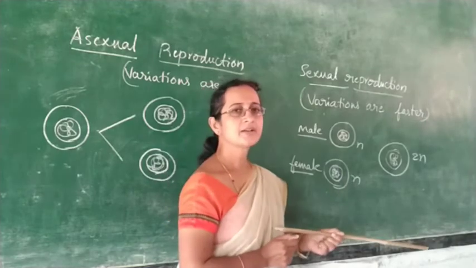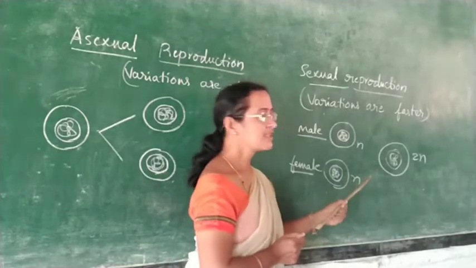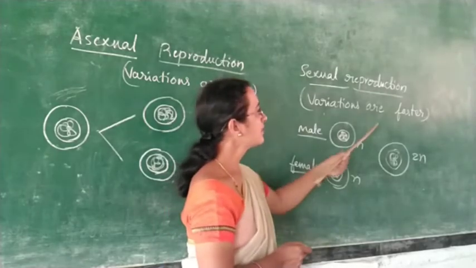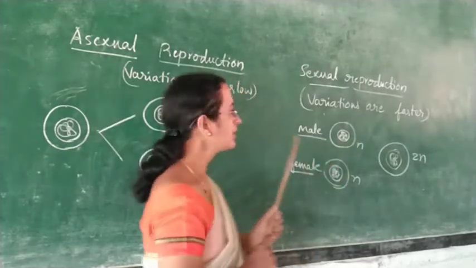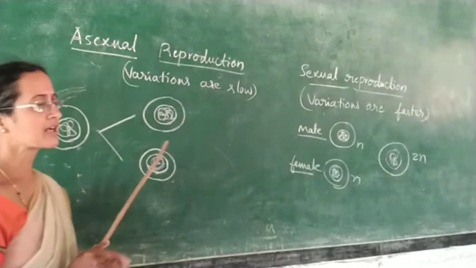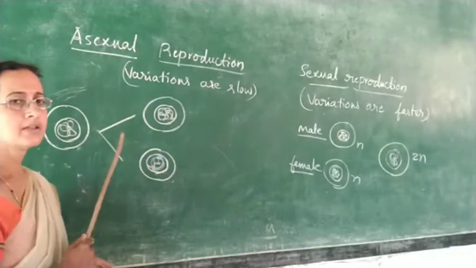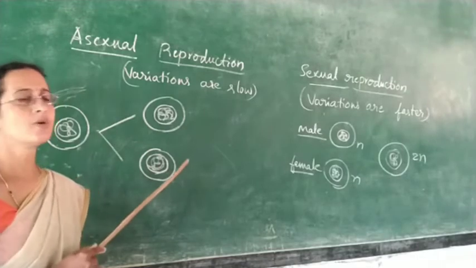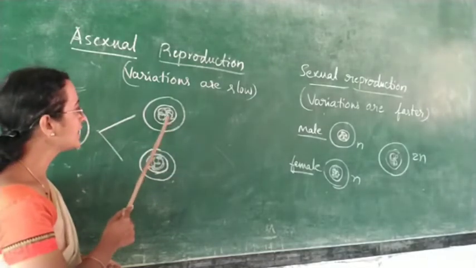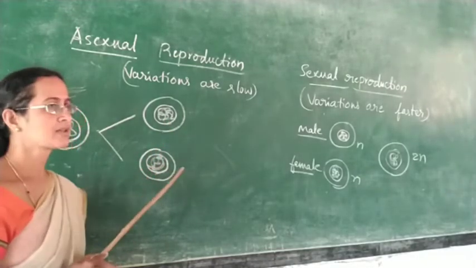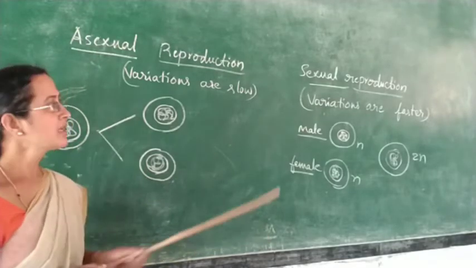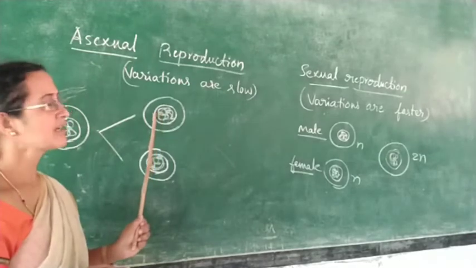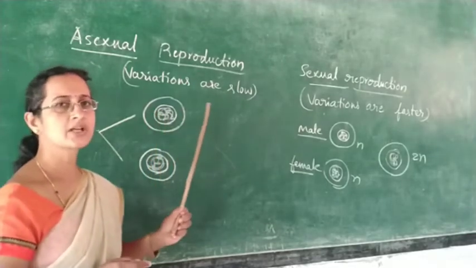This type of variation occurring in the sexual mode of reproduction is said to be very fast, whereas in asexual reproduction, which occurs in bacteria, the variations are very slow, as you can find very little variation. So we can say sexual reproduction is more advantageous when compared to asexual reproduction.